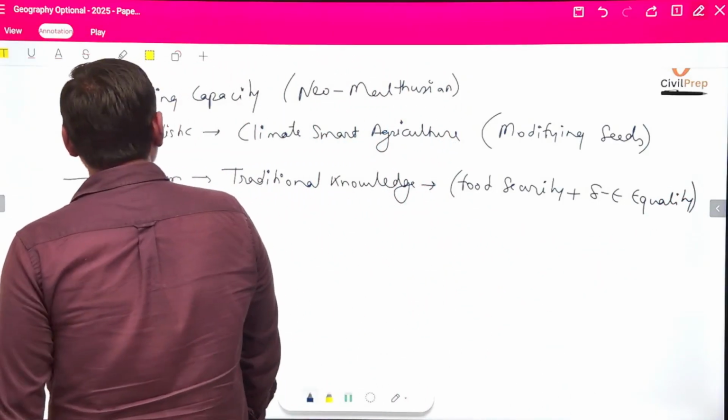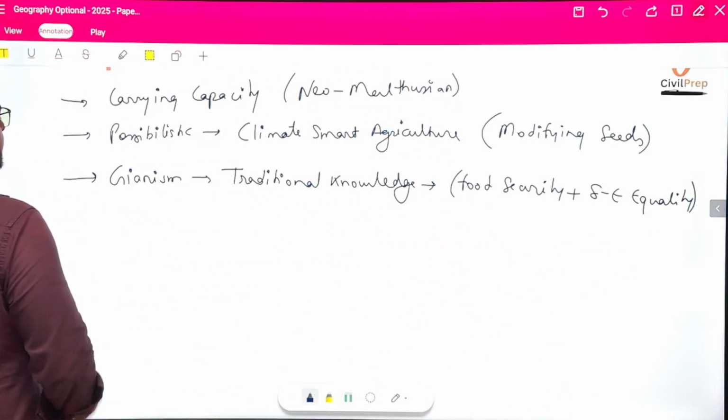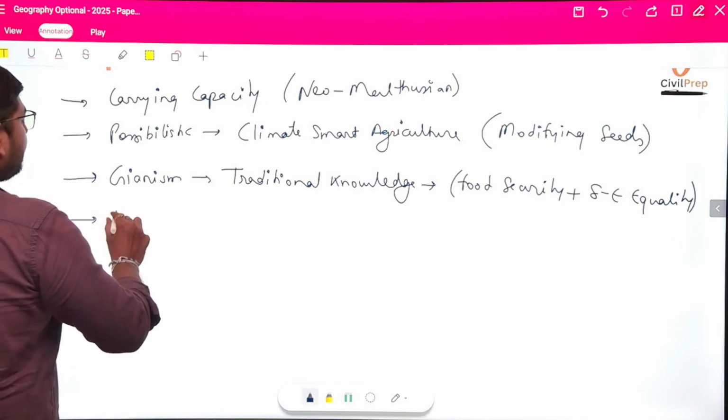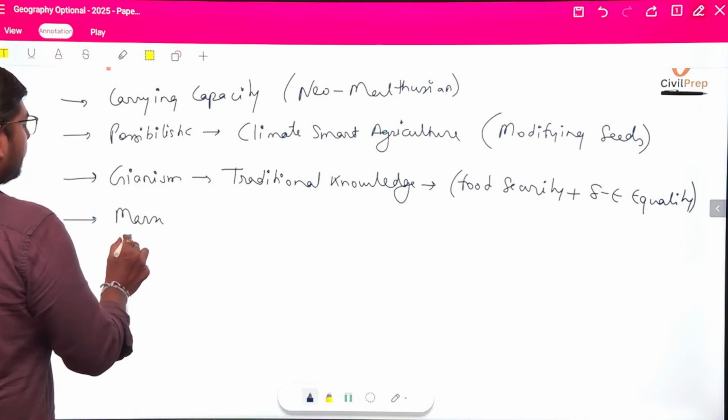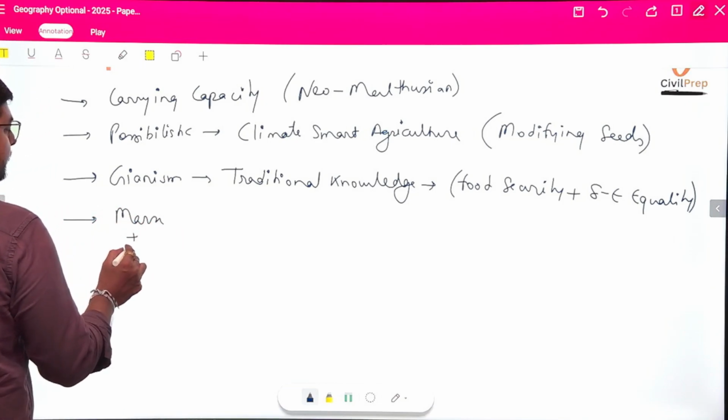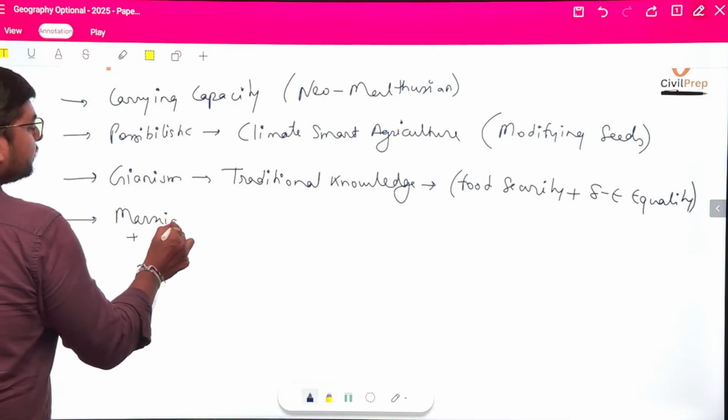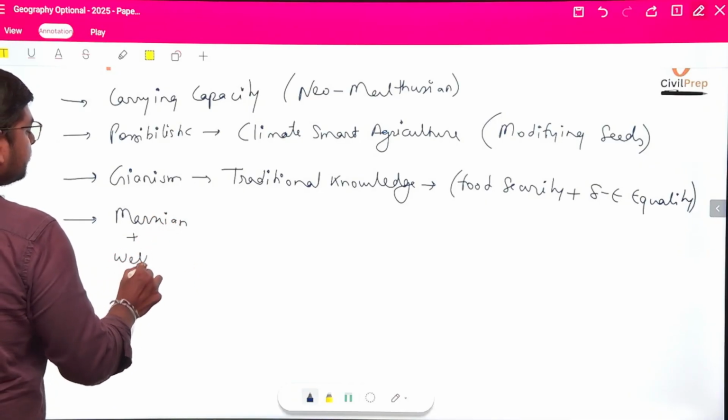Plus, we need to also look at certain aspects from the perspective of Marxian plus welfareism.